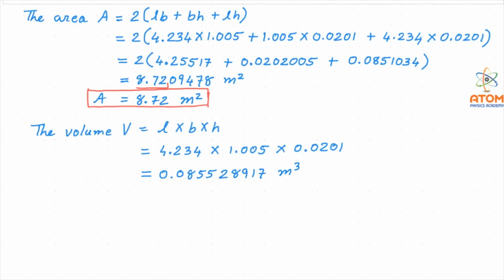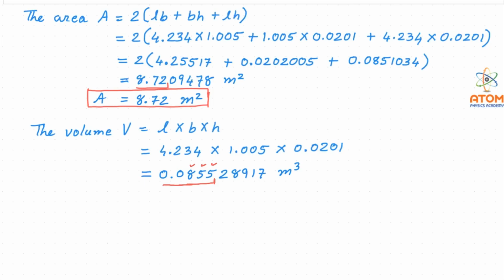This is a case of multiplication, and in multiplication we must reduce the answer up to the minimum significant figures, and the minimum significant figures is here in the height, that is 3. There are 3 significant figures, that is the minimum. So I should reduce my answer up to 3 significant figures, that means up to 5 here, because these 3 are significant figures.